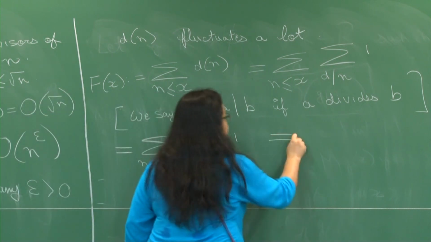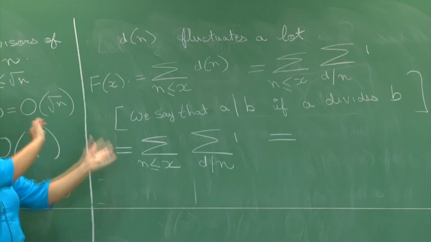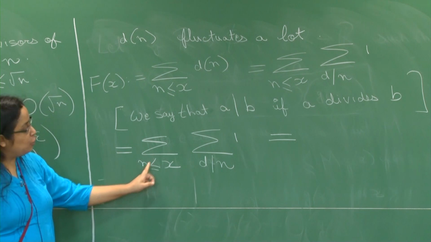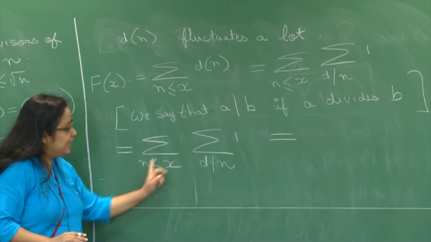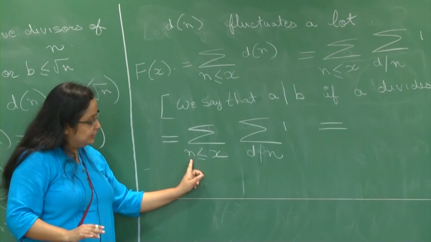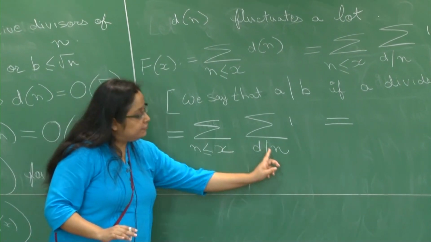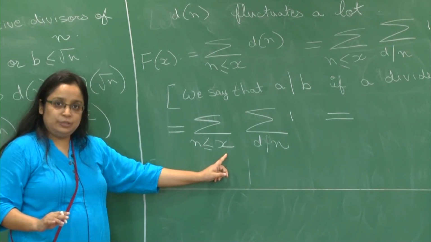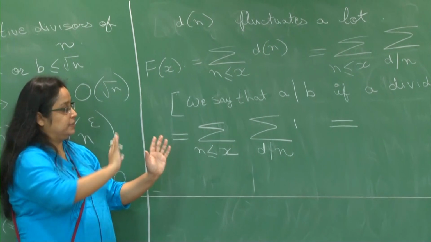Now, this is a finite sum, so you can interchange it. You are running over all integers up to x, and then for every n you are taking all possible divisors. Now, if n is less than or equal to x and d divides n, that means that d itself has to be less than or equal to x. So, let us do the opposite.